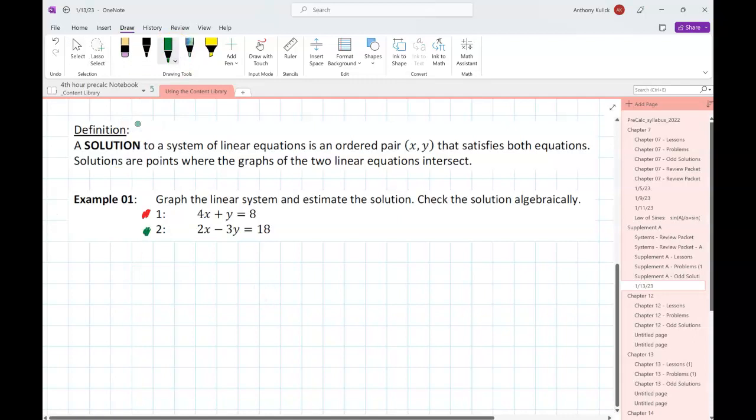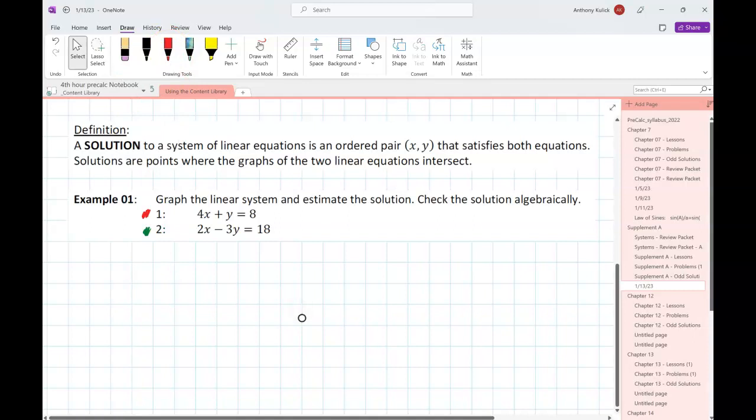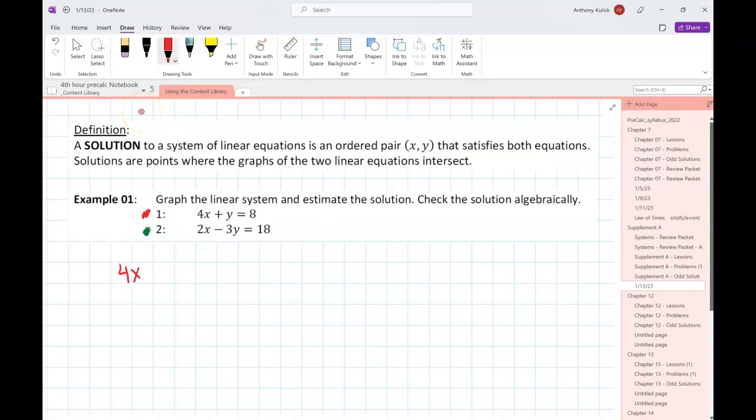I'll do the second one in green because it's Christmas time or something, or was recently. Ho, ho, ho. So how many points do I need to graph a line? 2. Could I do more than 2 if I wanted? Yeah. But why would I want more than the minimum, right?